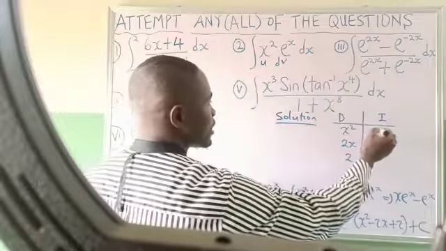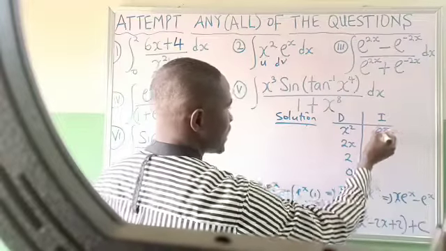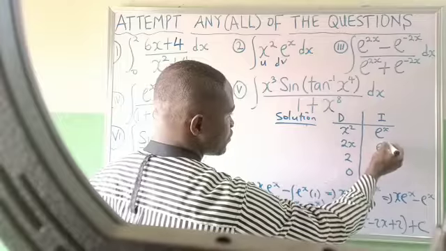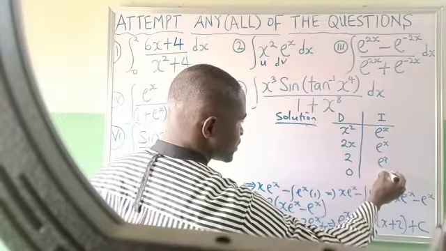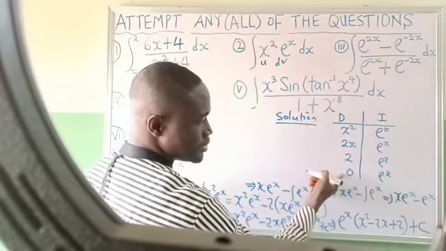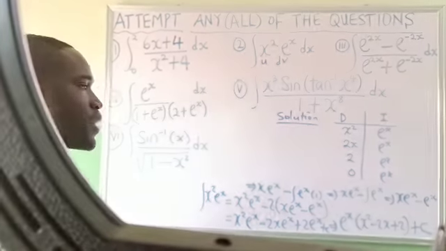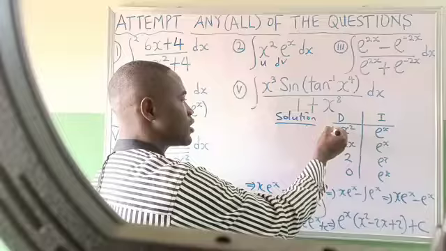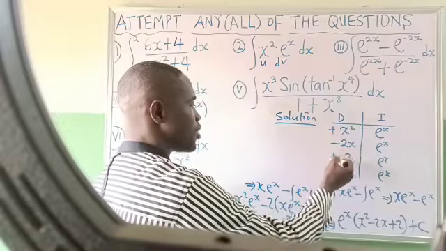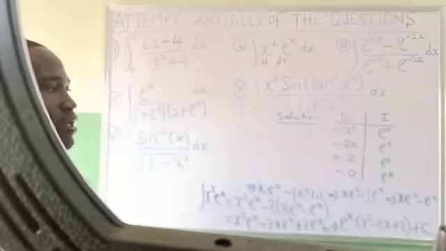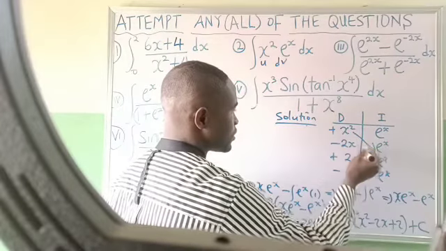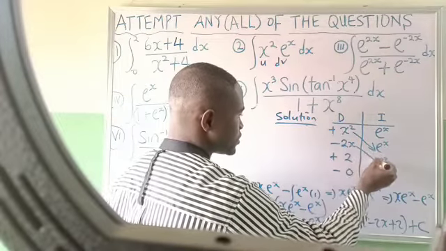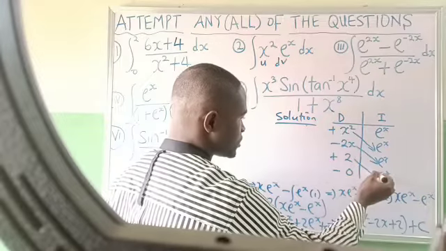Then the second one, I will now automatically put it here. Integration of this will still give you this, will still give you this. You continue integrating till you get to where this 0 is located. Then put your signs accordingly, plus, minus, accordingly. Then connect this to this, connect this to this, connect this to this.